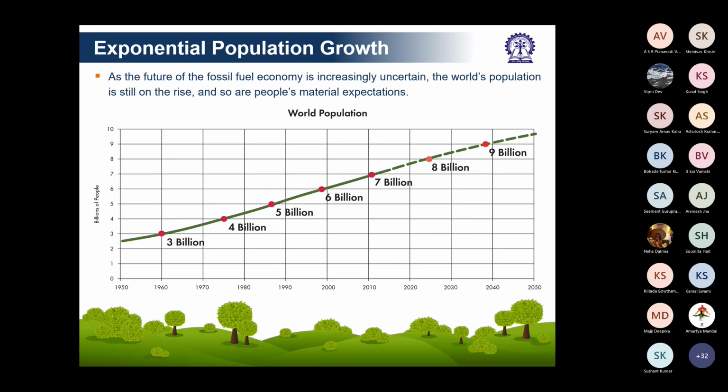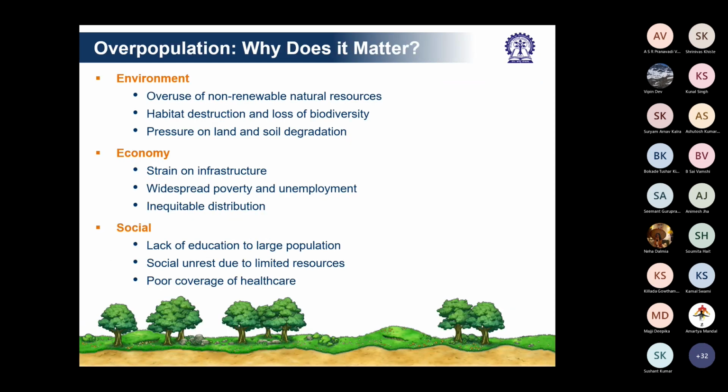Now, the thing is, no one knows how many people the earth can support indefinitely and at what level of resource consumption or affluence without seriously degrading the ability of the planet to support us and other forms of life and our economies. See, every day the planet must support more and more people.